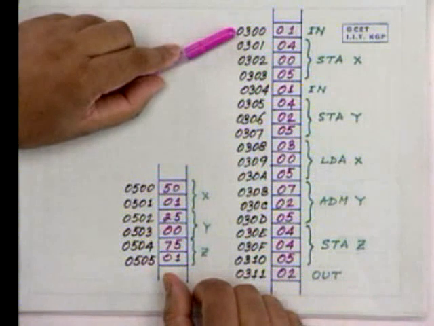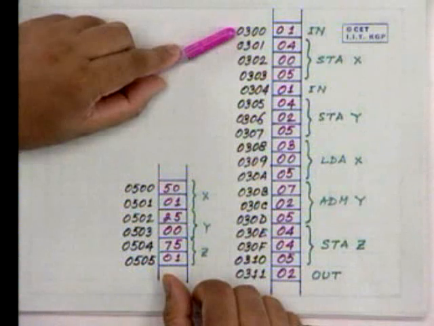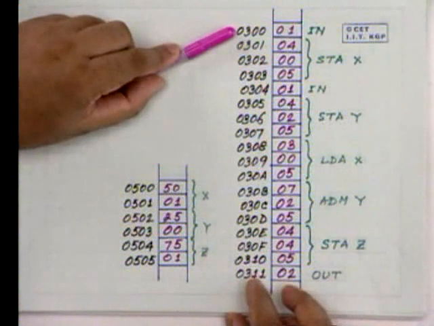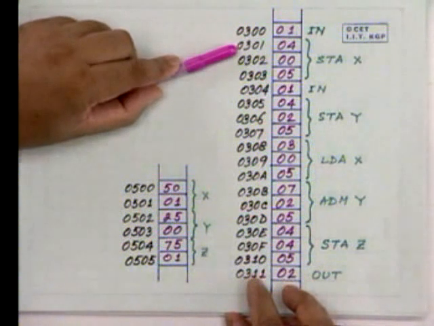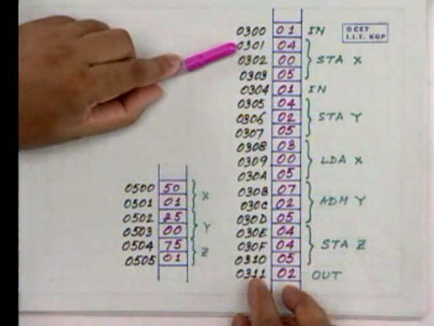The instruction is fetched and it is executed. The time that instruction is executed, the program counter is automatically incremented and it's now pointing to 0301, which is the address of the next instruction. Now this next instruction is executed.